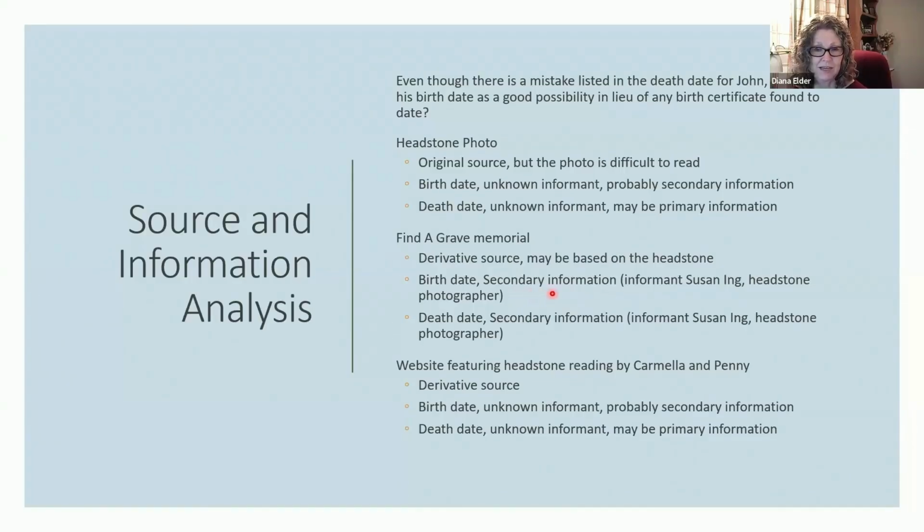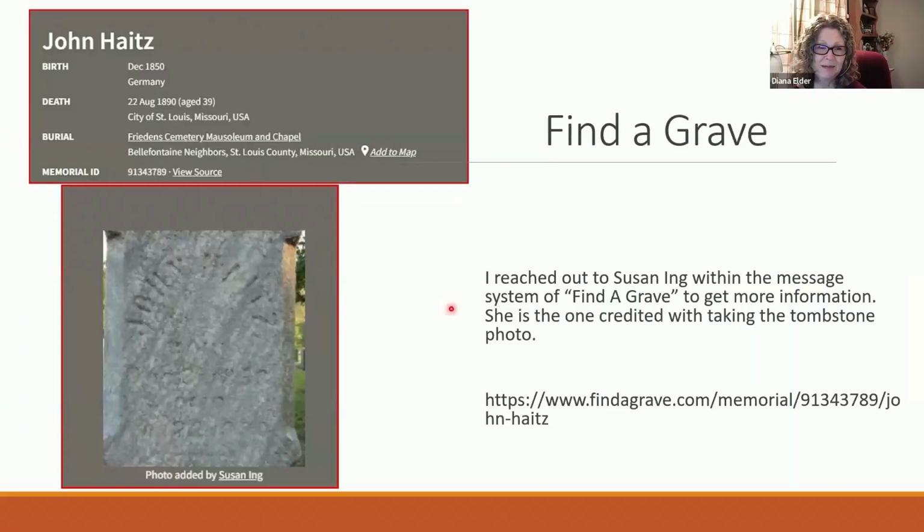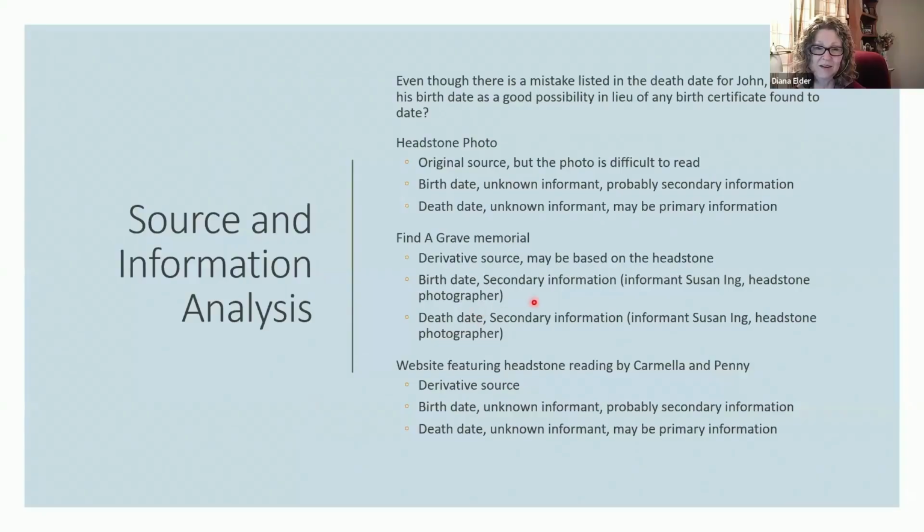And then the death date, I probably should have put primary information here too, because we can say that whoever created the headstone probably knew his death date. However, sometimes these tombstones or headstones are erected by family members much later, and so they don't have direct evidence. So those are always a little bit tricky to figure out.